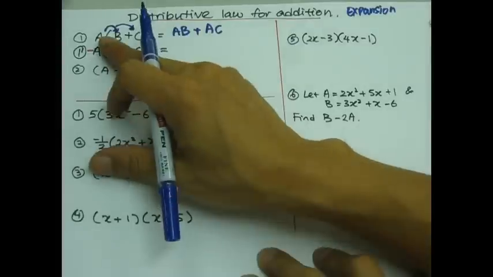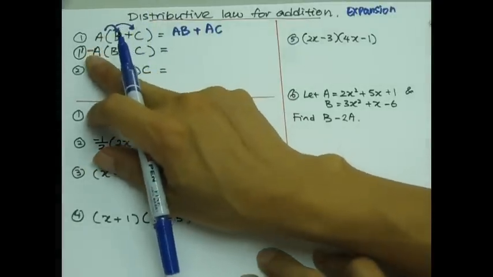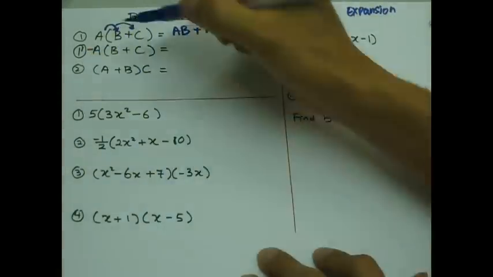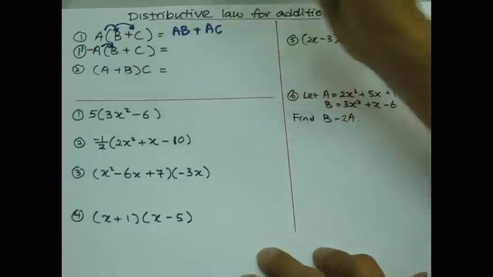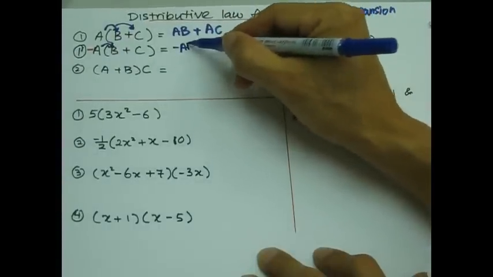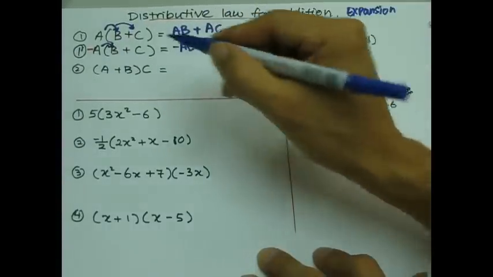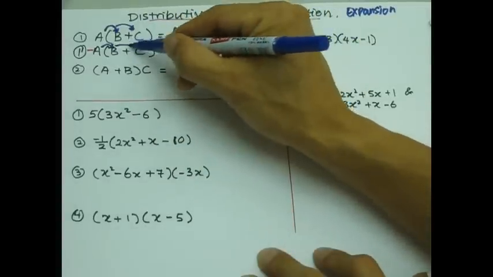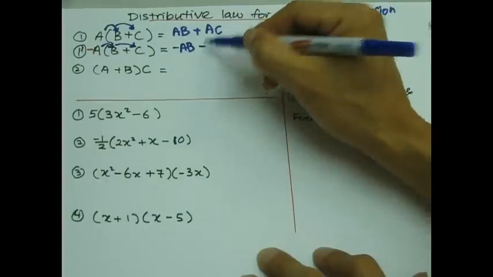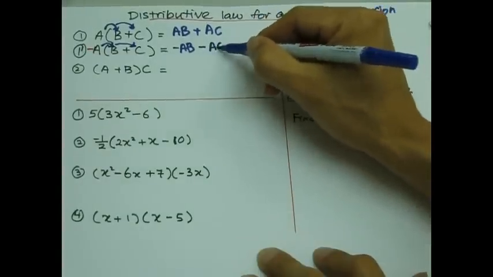And the A here can also have a negative sign. If you have negative A times B, it's negative AB, and then negative A times C becomes negative AC.